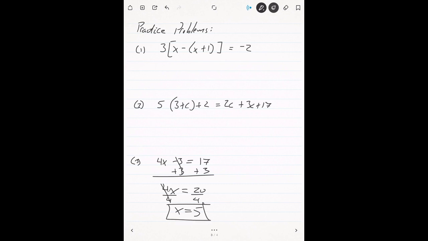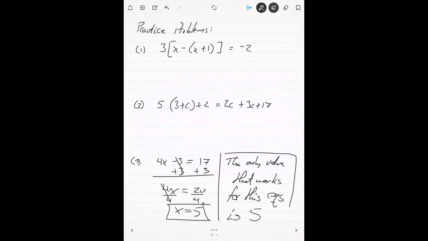The only value that works for this equation, I abbreviate that EQS, is 5. That's an important idea.